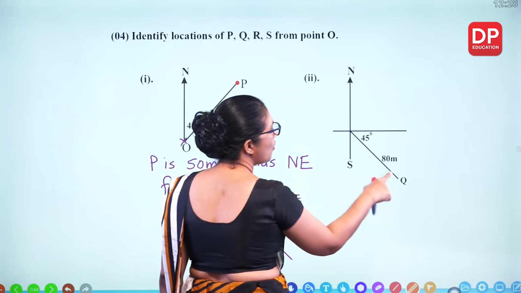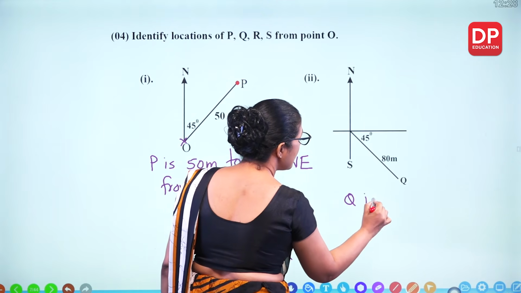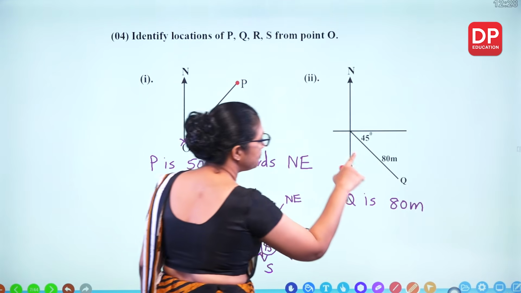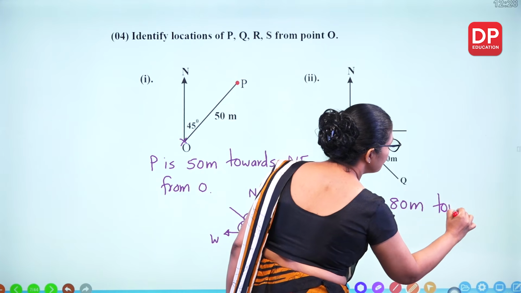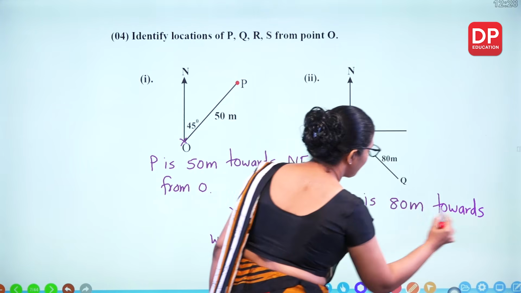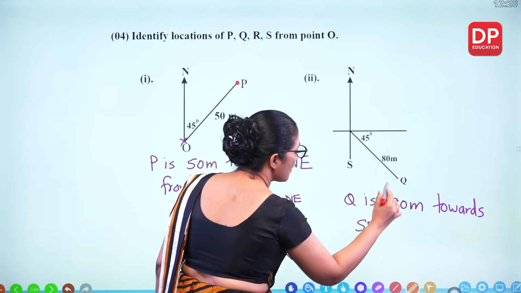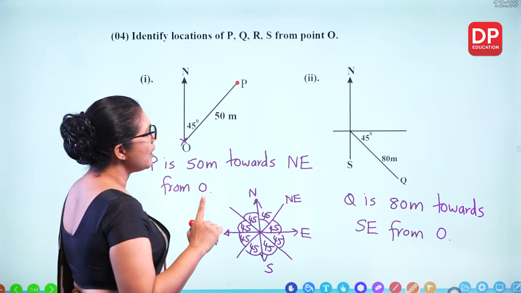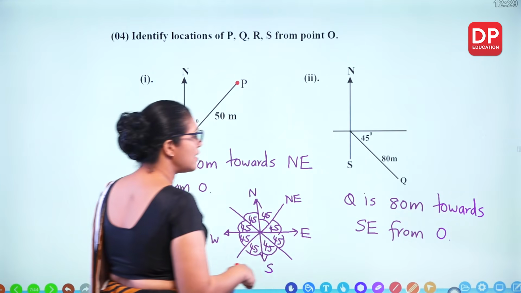Southeast. So how many meters? 80 meters. Q is 80 meters towards southeast, I can write SE, from point O. So Q is 80 meters towards southeast direction from O.